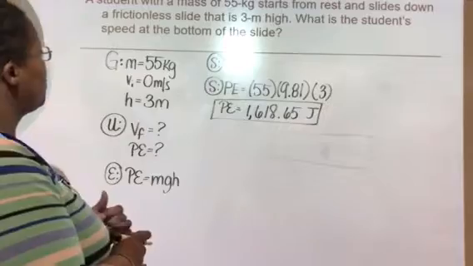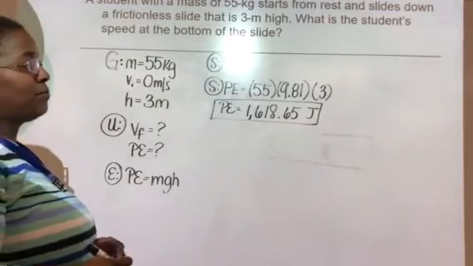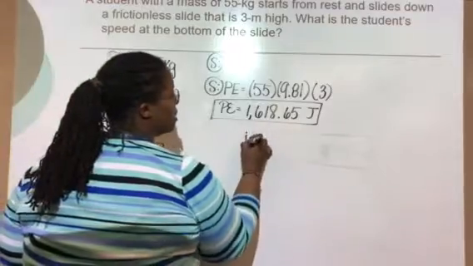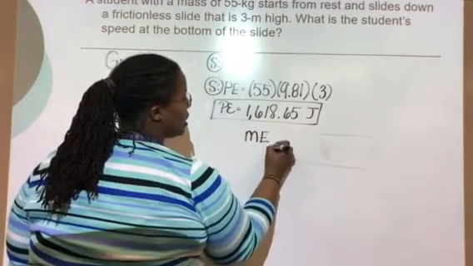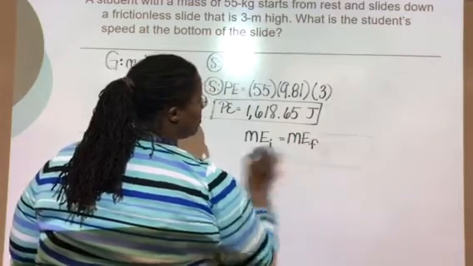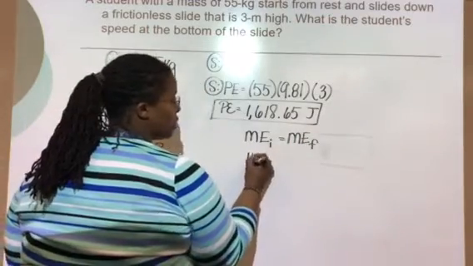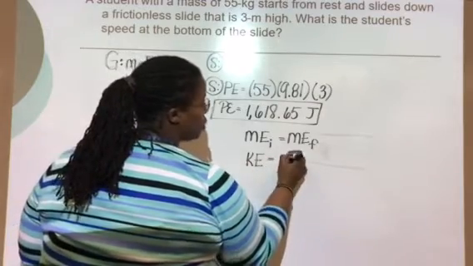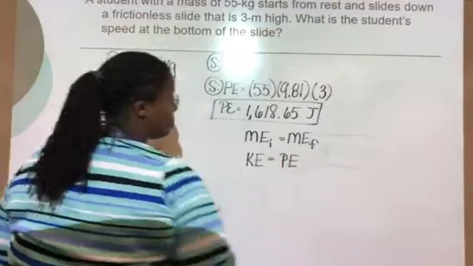Now, here's the other thing that we know. In this particular PowerPoint, you've also seen the following: mechanical energy initial equals mechanical energy final. We've also learned that your kinetic energy, whatever it may be, will also be equal to your potential energy.